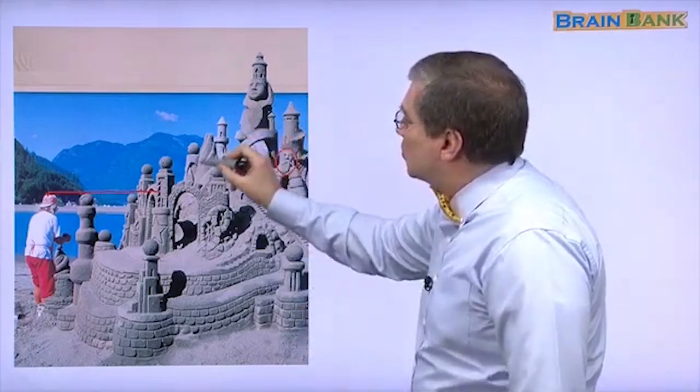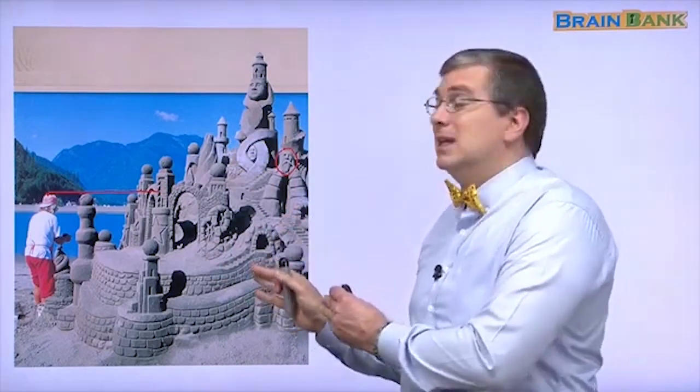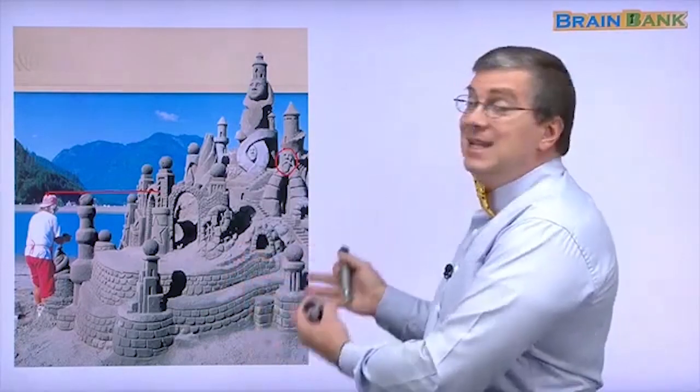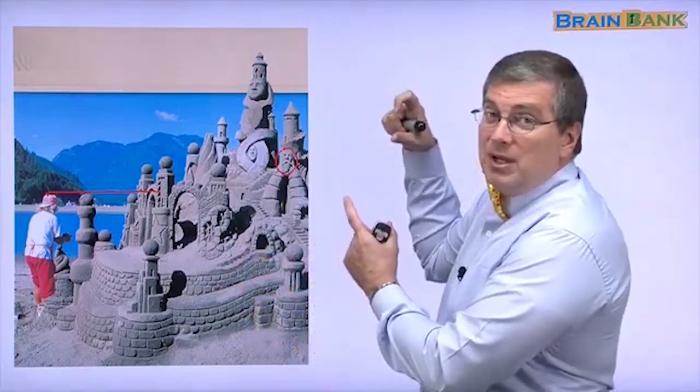So this is really amazing. It took a long time to make this sand sculpture. Too bad it won't last long. But we can see it now, we can take pictures, and we can remember it. So, there are many kinds of sculptures.